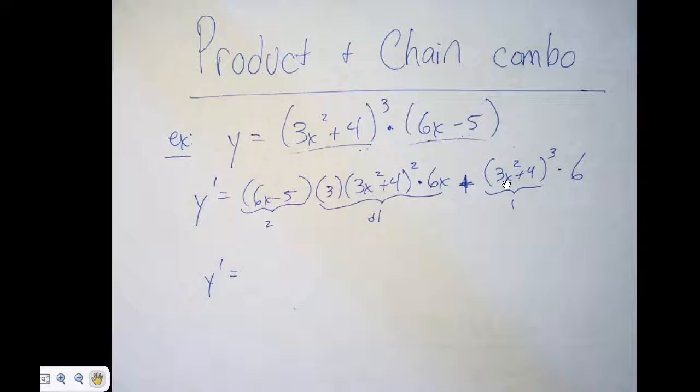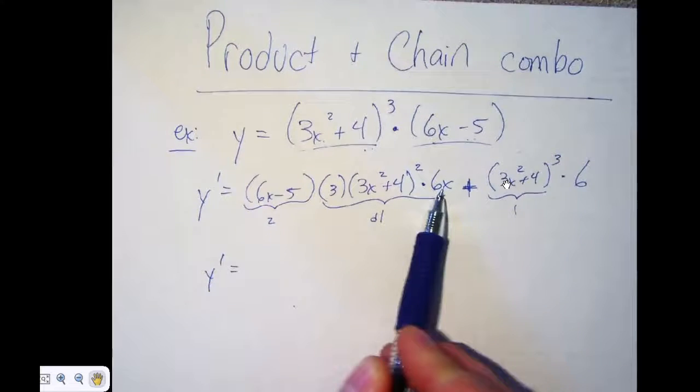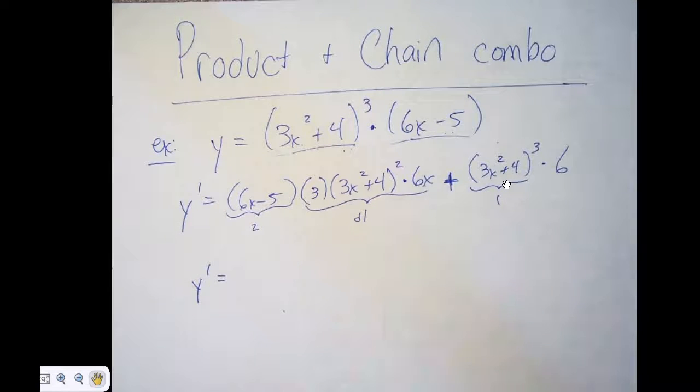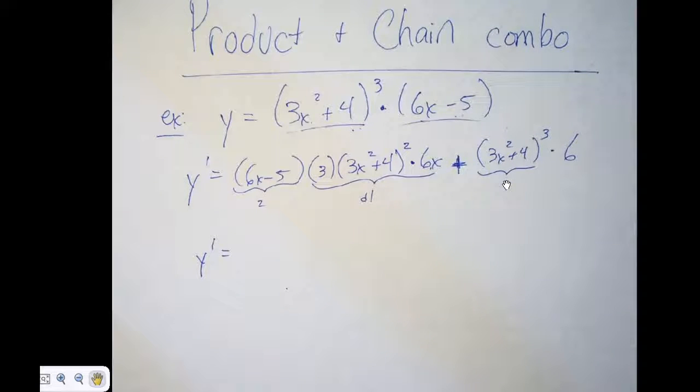What they would want you to do is look at how many terms you have in this problem. Derivative of 3x squared plus 4, that's the derivative of Mr. Packer. How many terms do I have? Not so many. There's only 2. Terms are separated by plus signs or minus signs.